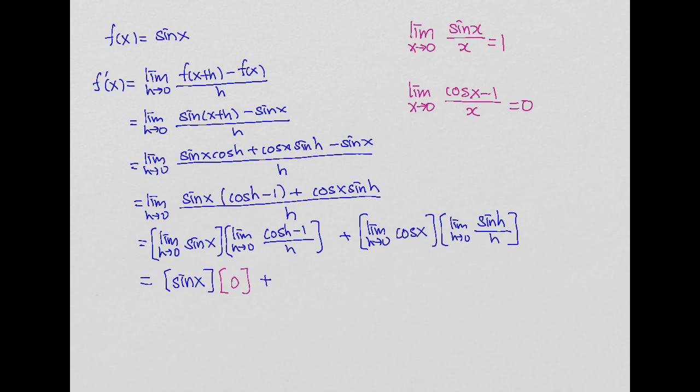Plus, now once again, there is no h here, so when h approaches 0, the square bracket just becomes cos x. And because of the property here, we know this square bracket becomes a 1, so we times by 1. So now you can see the derivative will become cos x.